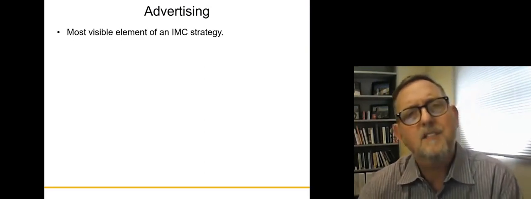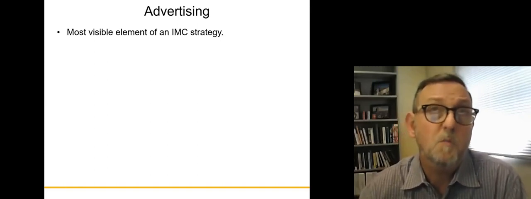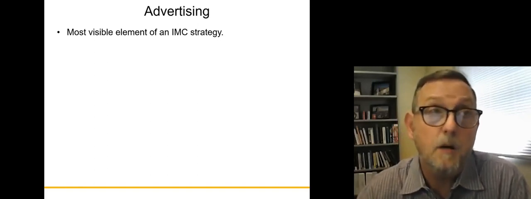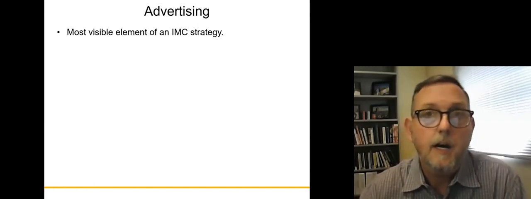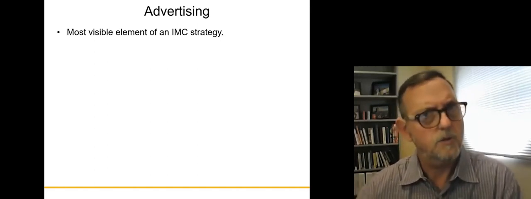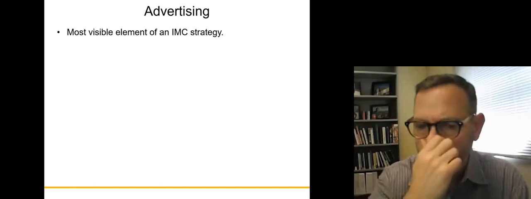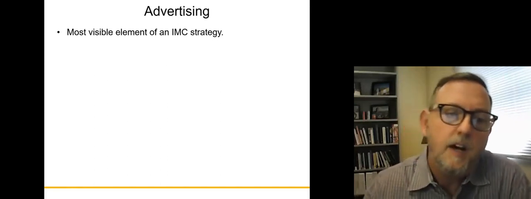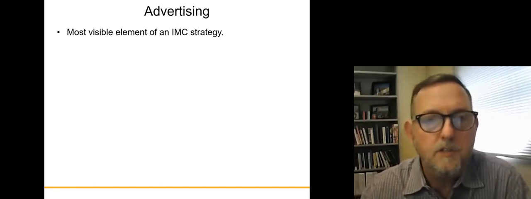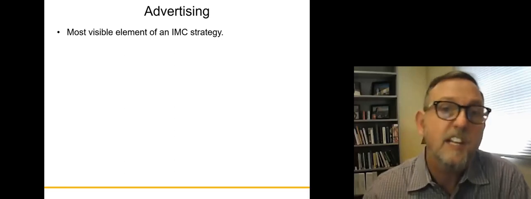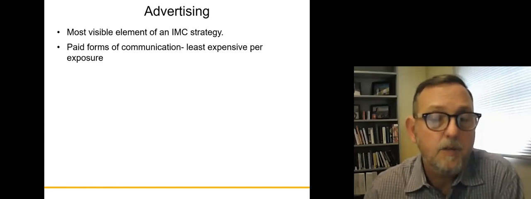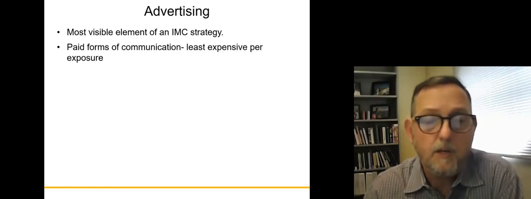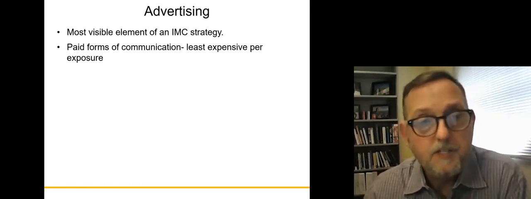So advertising is the most visible, common form of communication. It's been around for a real long time, right? Since the early days, when you have a company who wants others to know about it, you might place an ad and have that ad communicate information about what you have to offer.